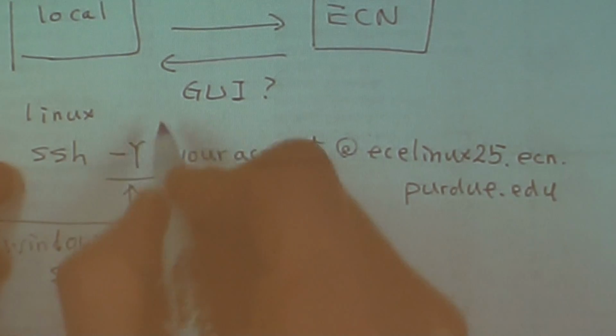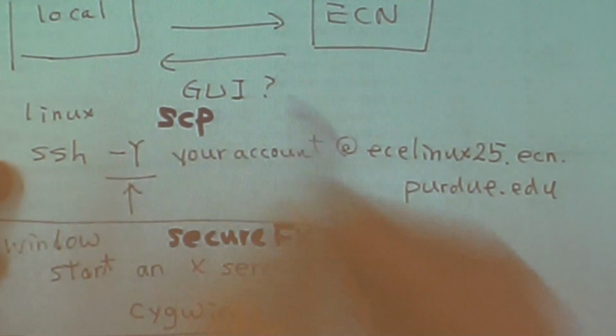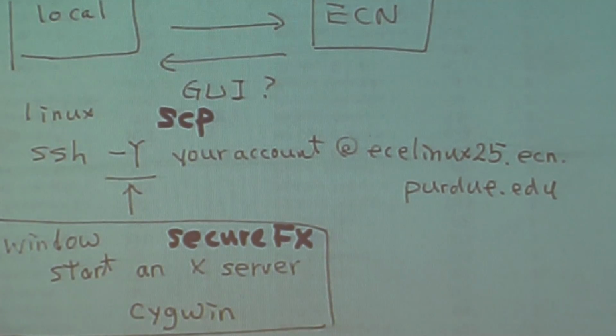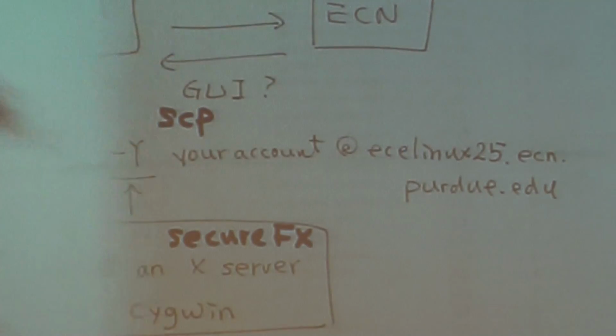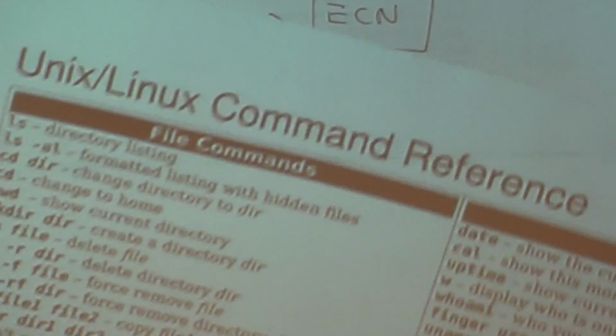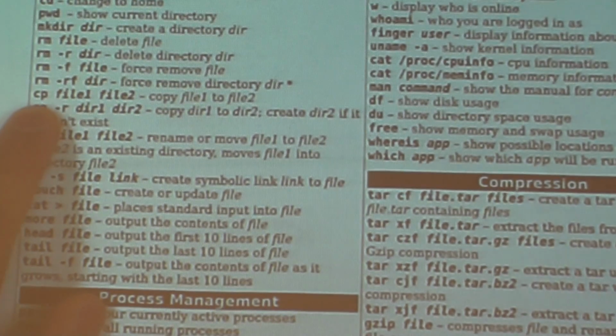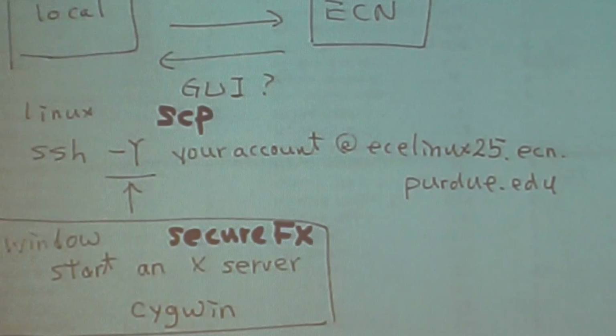In Linux, you use secure copy, SCP. That's a command. In the Linux guide, there is a command called cp, which means copy. Secure copy is similar, but a little bit different.